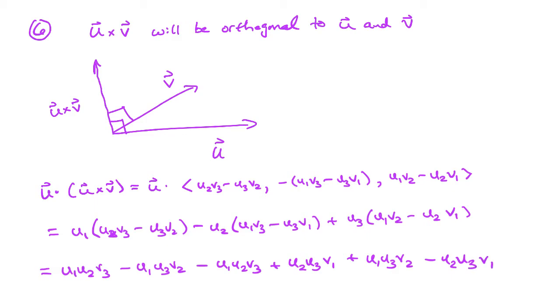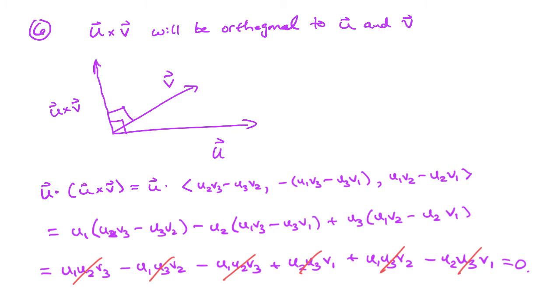Well, now when we examine these things, our u1 u2 v3 cancels with our u1 u2 v3. Likewise, our u1 u3 v2 cancels with our u1 u3 v2. And lastly, our u2 u3 v1 cancels with our u2 u3 v1. Sure enough, giving us a value of 0.